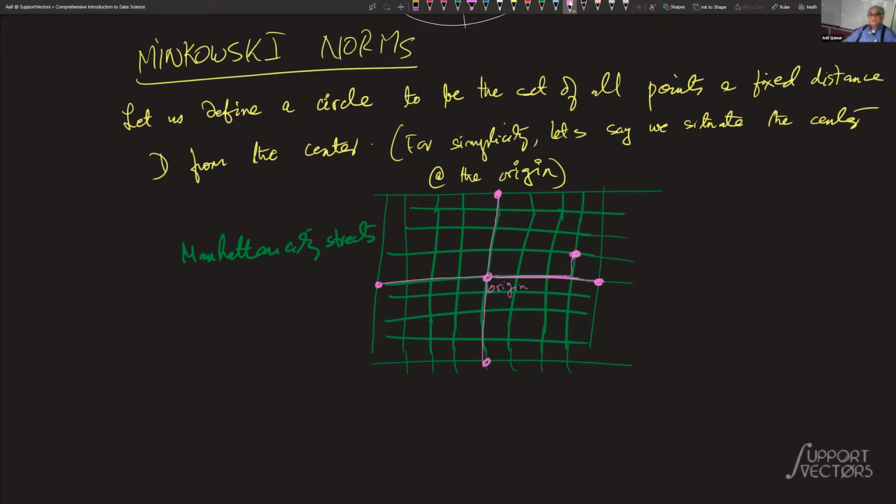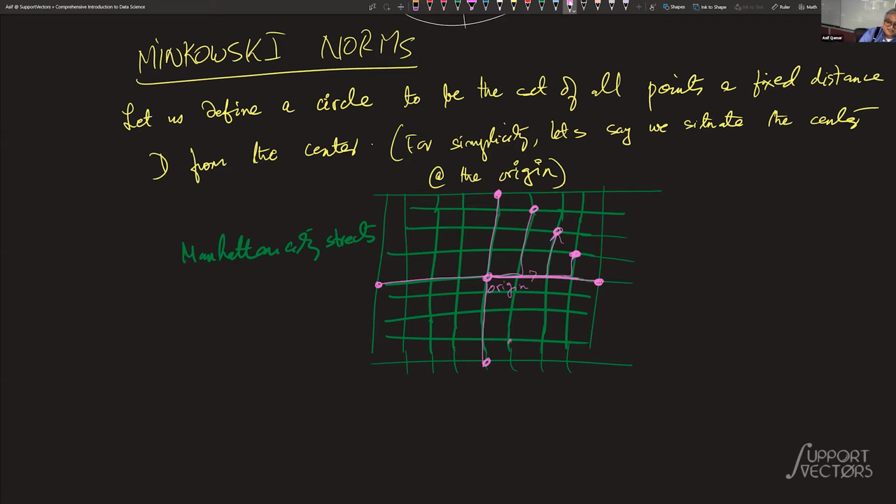Would you agree that this is also the same distance from the origin? Driving distance, not distance as the bird flies, but as the taxi drives. And the same is true for this point. You could have gone like this, right? Or you could have gone like this, right? Isn't it?